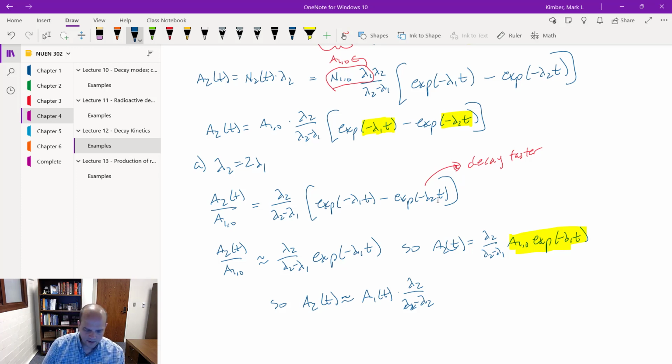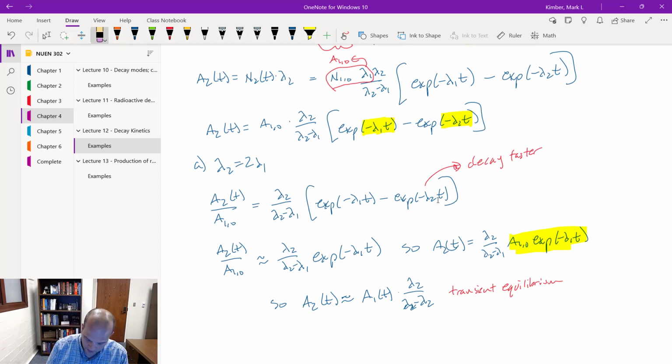And so this here is termed transient equilibrium, which is a confusing label. It's transient because things are changing with time, but it's equilibrium in the sense that if one knows the activity for isotope 1, then you can simply multiply by this factor here, this lambda 2 divided by lambda 2 minus lambda 1.